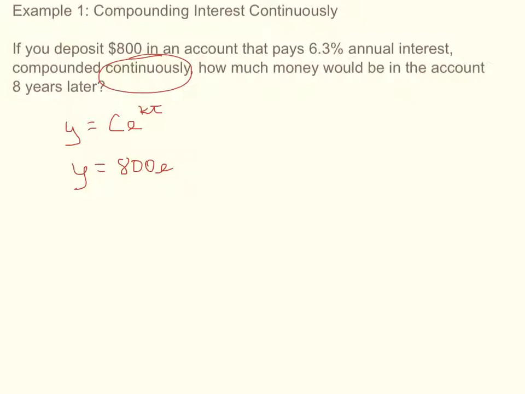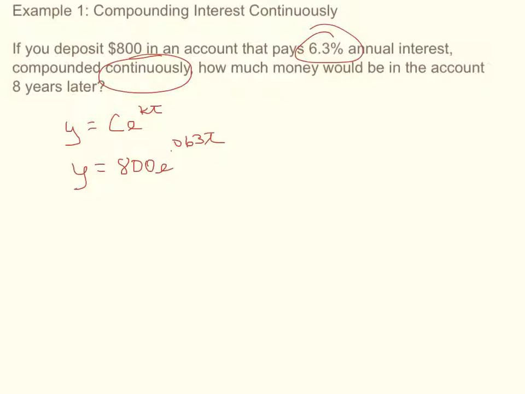It's our constant of proportionality, and our rate of growth here is 6.3%. Now we do need to be careful because we want this not in a percent, but actually in a regular decimal. So that would be 0.063 t. And then you would just plug this into your calculator.